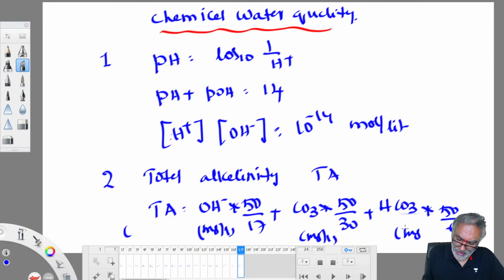Then straight away you can calculate total alkalinity in milligram per liter as CaCO3.